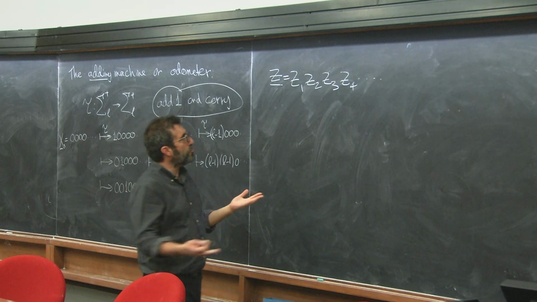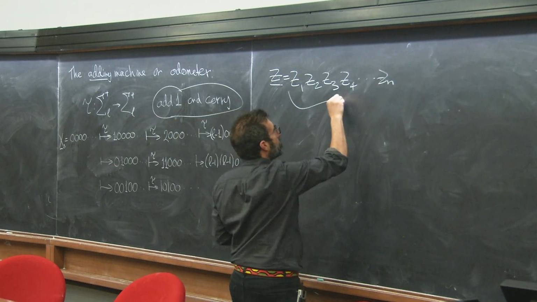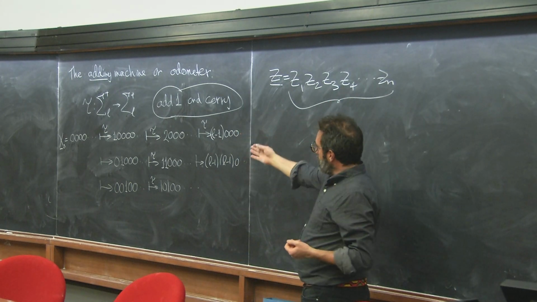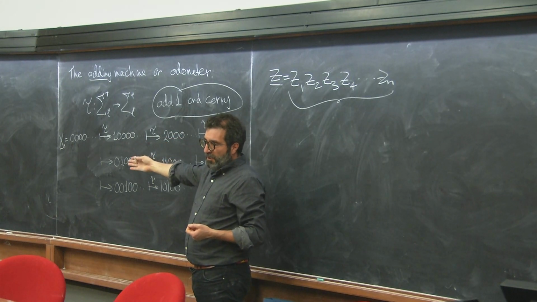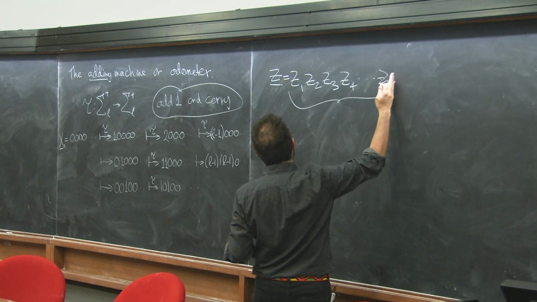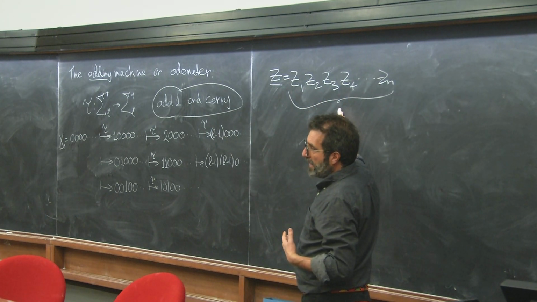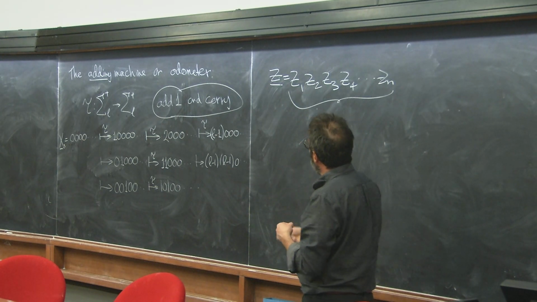So what do we need to do? Well, we need to fix an n. And we need to know whether at some point the orbit of 0 will be a sequence whose first n digits coincide exactly with this one. That's the same thing as fixing an epsilon in some sense and saying that you come within epsilon.